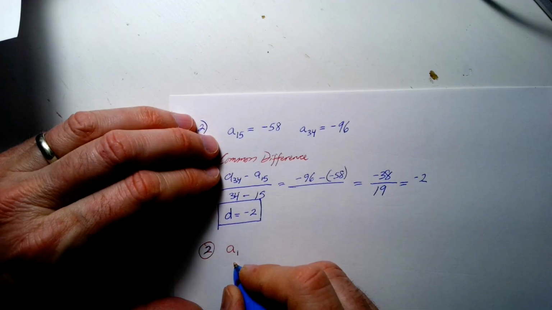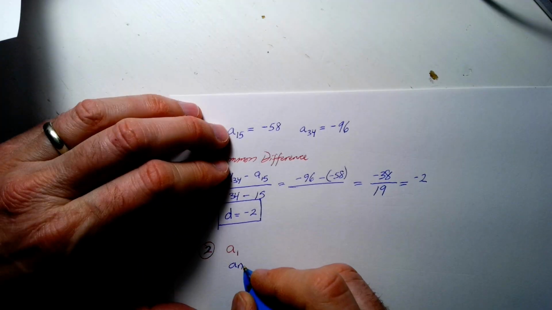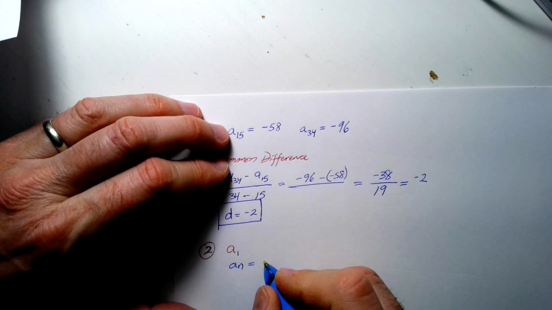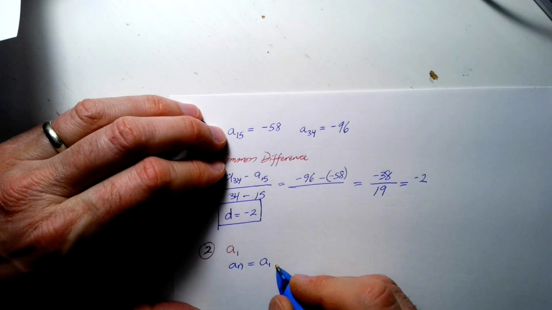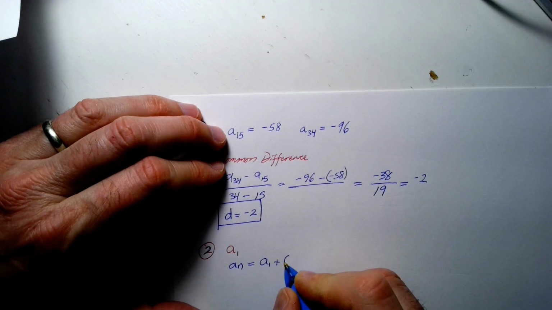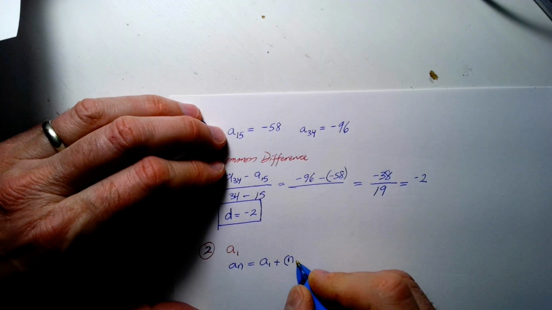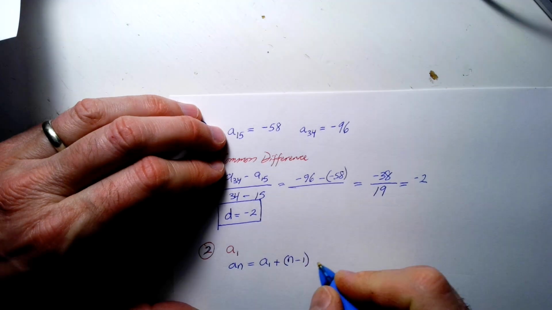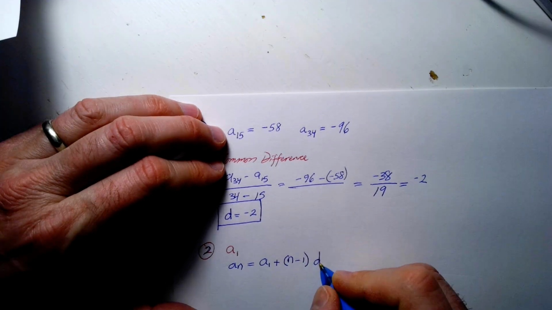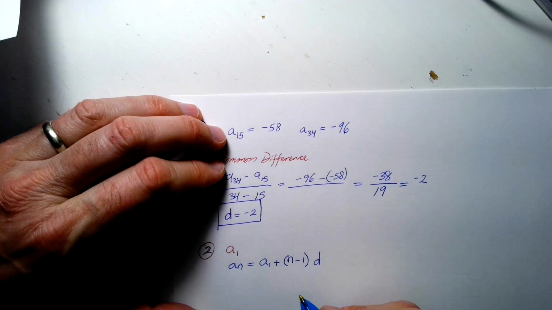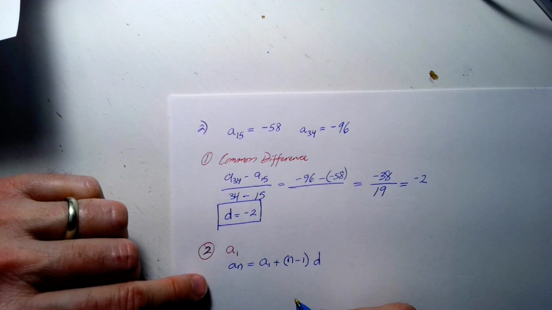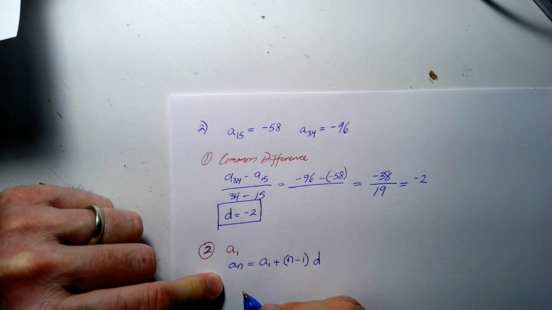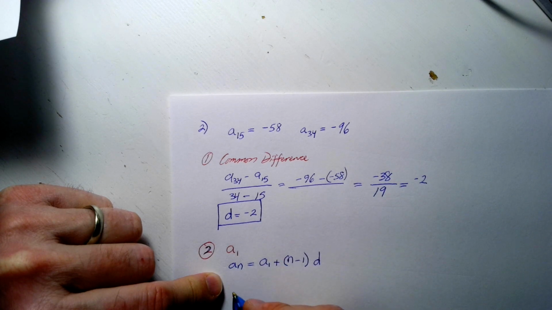So we have AN equals A1 plus, just copying what's there, N minus 1 times D. For AN, let's use A15 here.